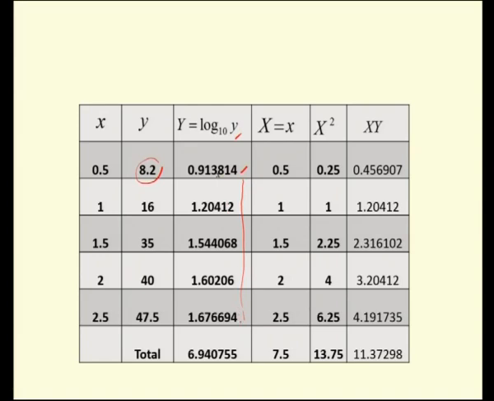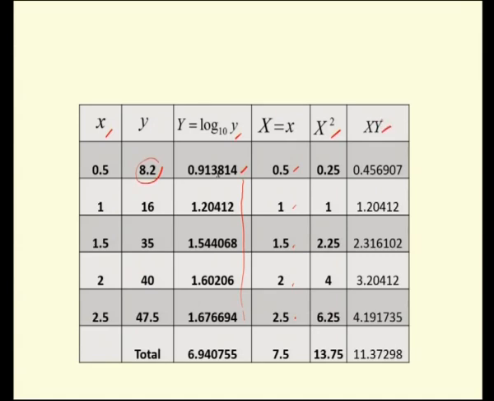Here I am replacing small x by capital X. So in the first column you will have the same values, that is 0.5, 1, 1.5, 2, 2.5. Square it. So 0.5 the whole squared is nothing but 0.25, 1, 2.25, 4, 6.25.